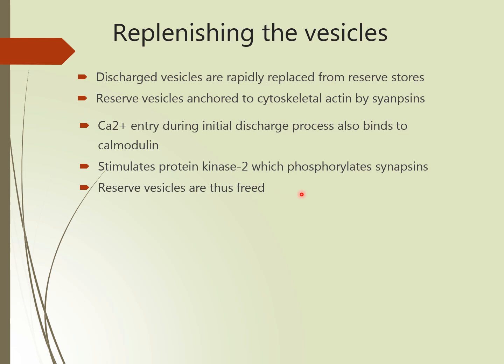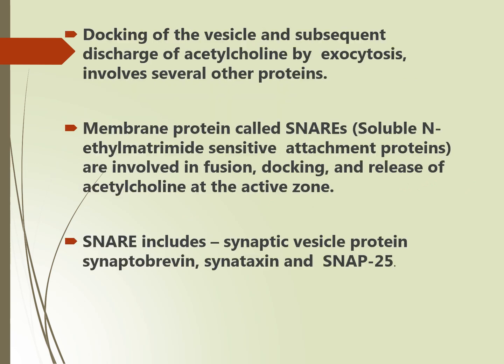That means the attached chains are broken down by the calcium entry, thus freeing the reserve vesicles. Then comes docking of the vesicle, that is, attaching of the vesicle to the presynaptic membrane. Docking means attaching, and the subsequent discharge of acetylcholine by exocytosis involves several other proteins.